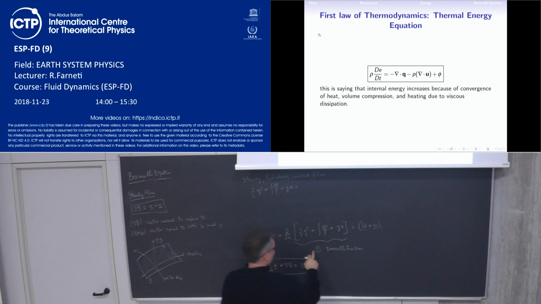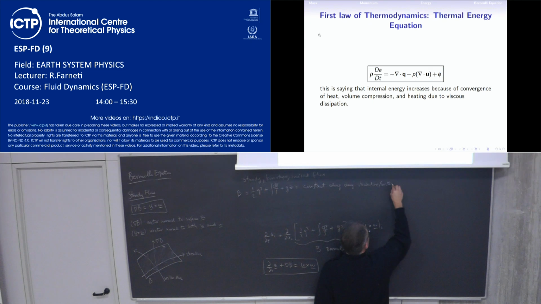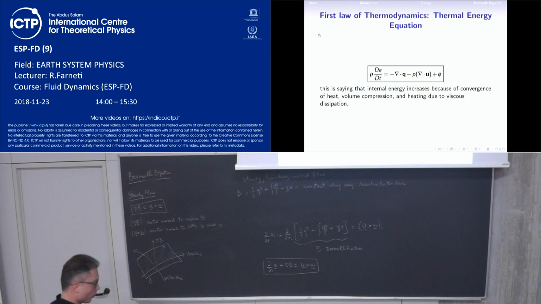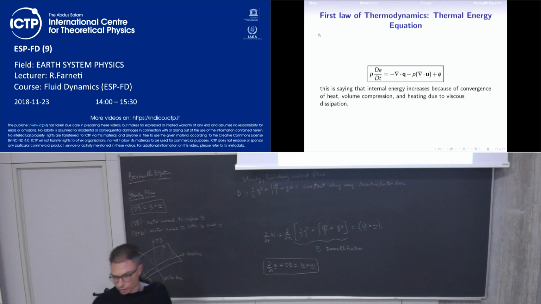this function B is a constant along any streamline or vortex line. Okay, so basically this means that if you're following a streamline, this Bernoulli function will have to be a constant.